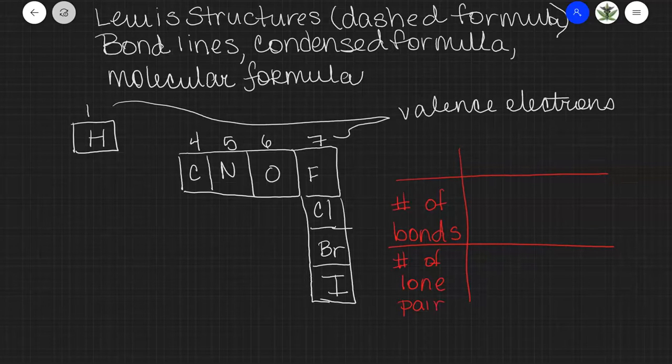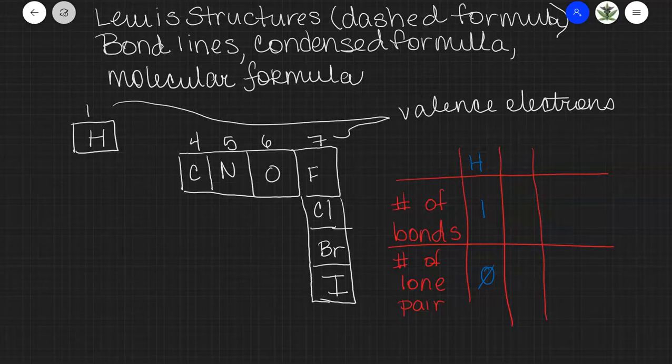And remember, this is for a neutral atom. So if we take a look at hydrogen, hydrogen can only form 1 bond, and hydrogen will not have any lone pair.